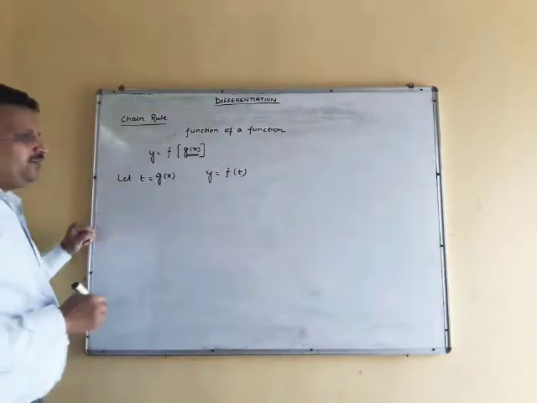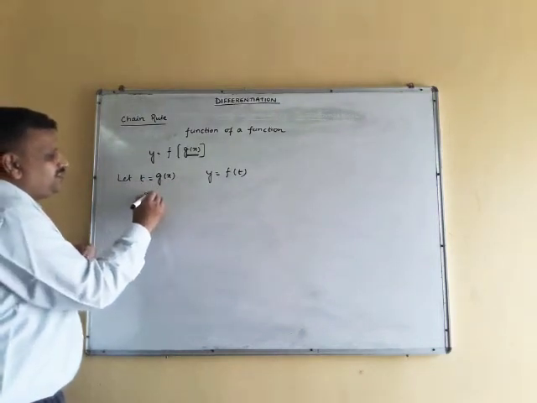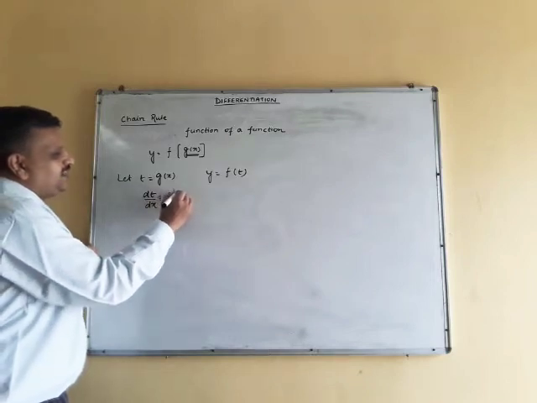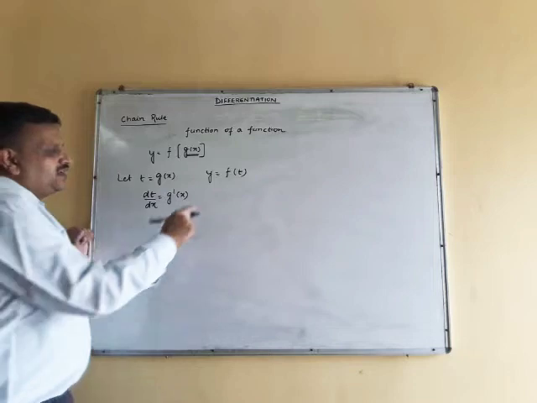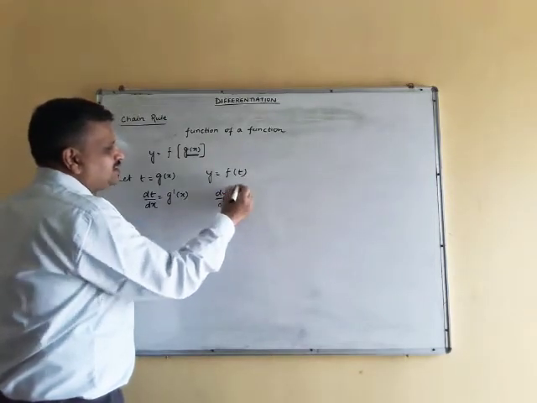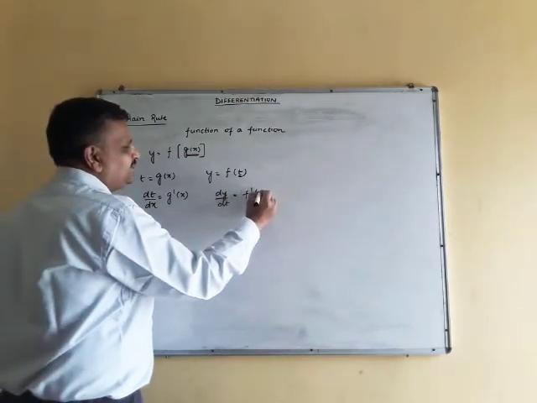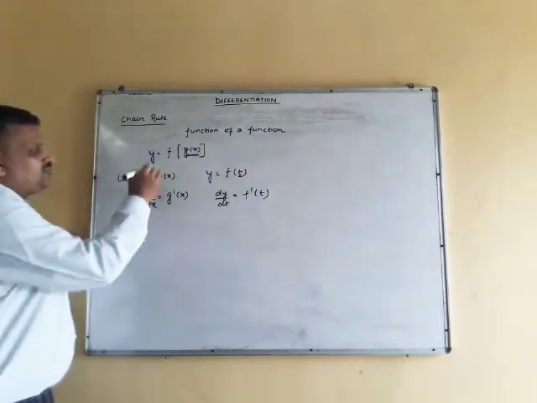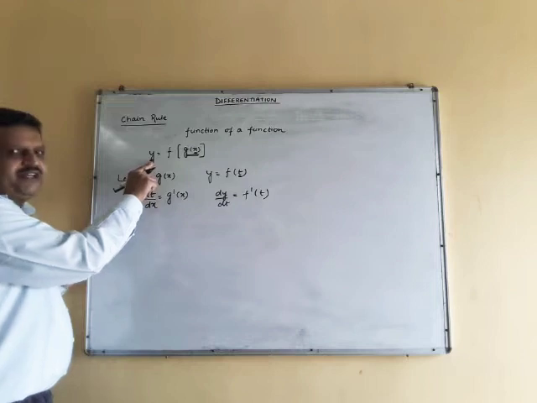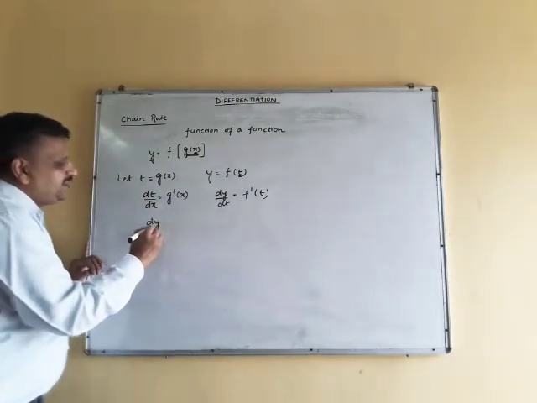Now we find the derivative of these functions. t is a function of x here, so we find the derivative of t with respect to x. So it is g dash x. And we find the derivative of y with respect to t, because y is a function of t now. So it is f dash t. Now originally y is a function of x, so we have to find dy by dx.